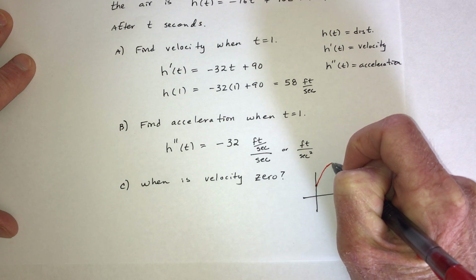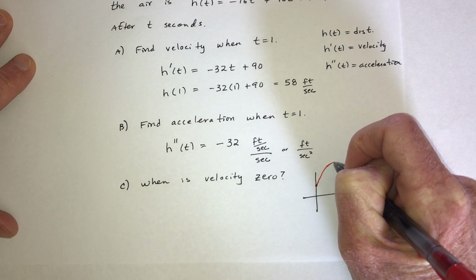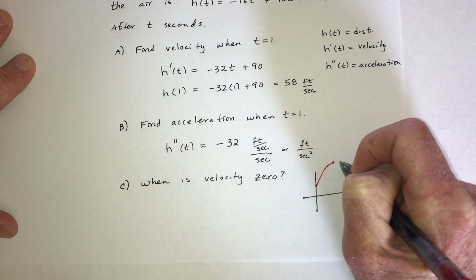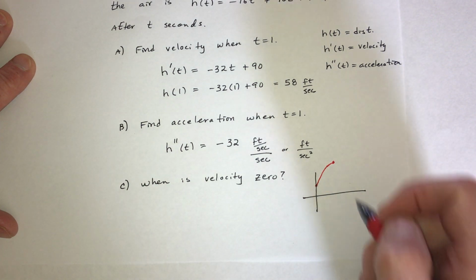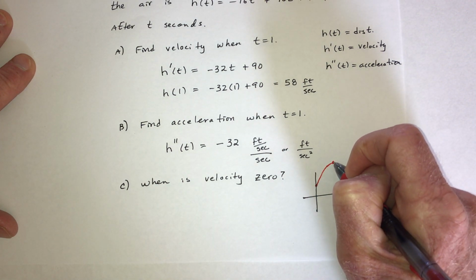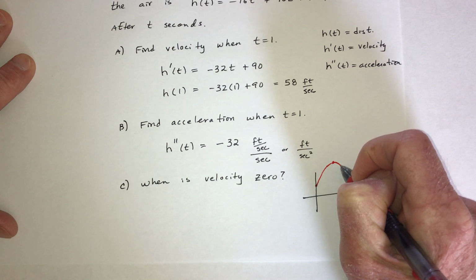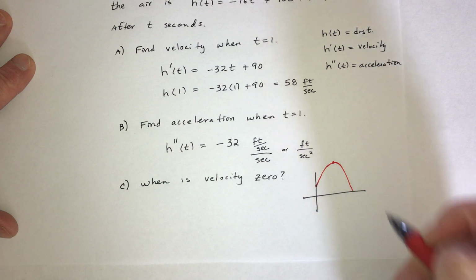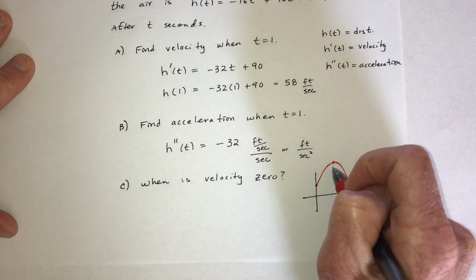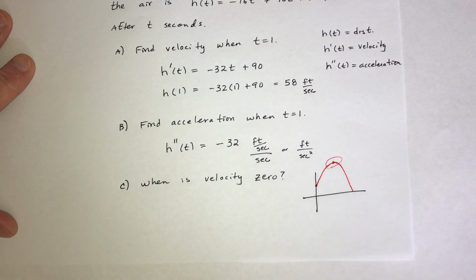Eventually, gravity is going to take over. It slows it down until at this moment, the velocity is 0. And then gravity is going to start bringing it back to Earth. So it's going to be going slow at first, and then speed up and speed up until it hits the ground. So what we're looking for is this point right here.